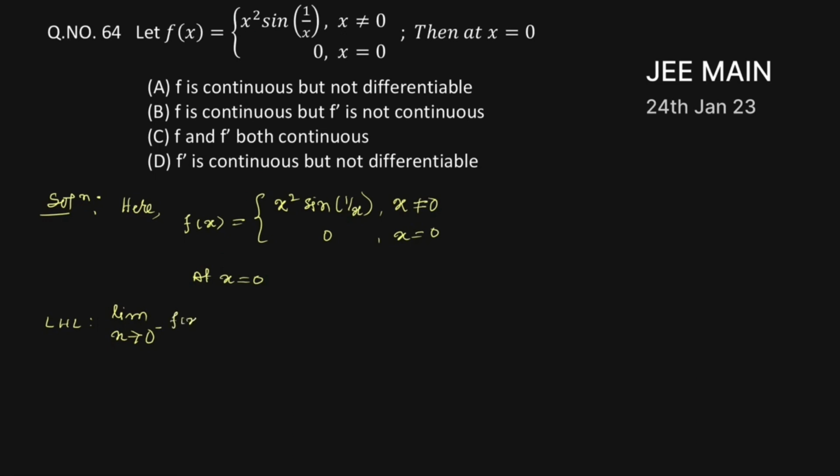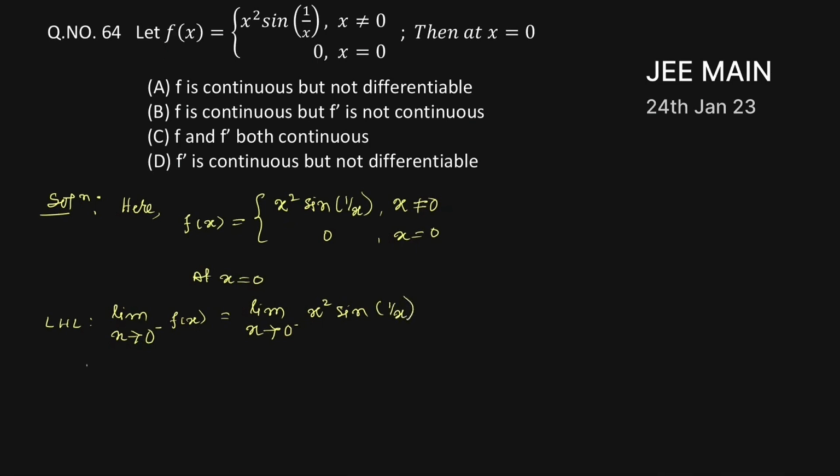F of x, which is equal to limit x tends to 0 minus. That means it's not equal to 0. Then we will take the function x square sine 1 by x.